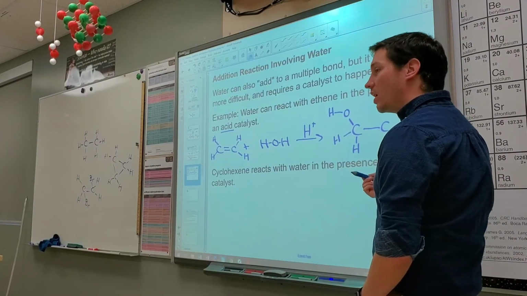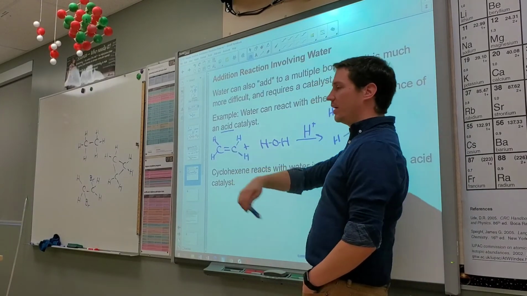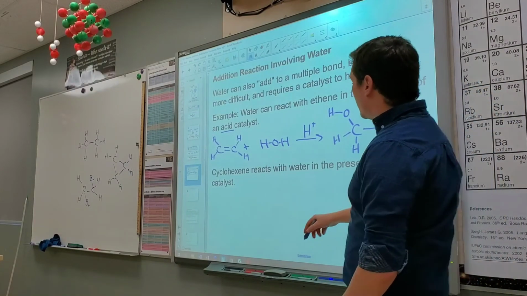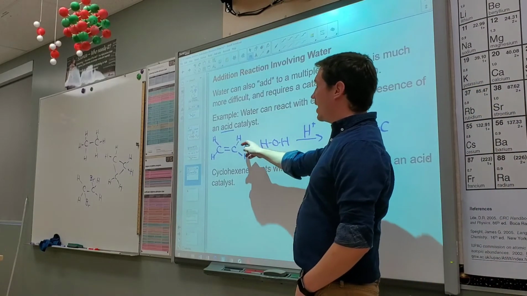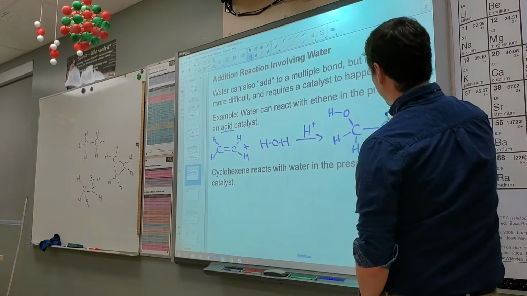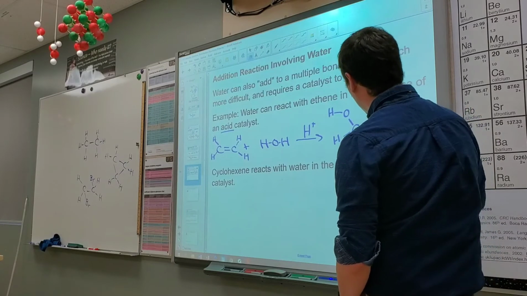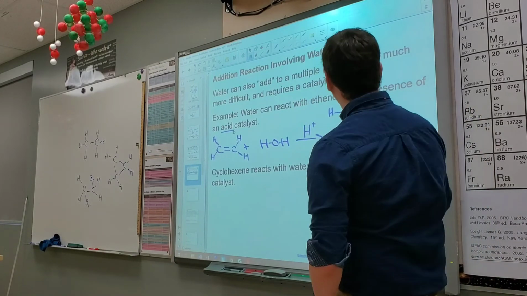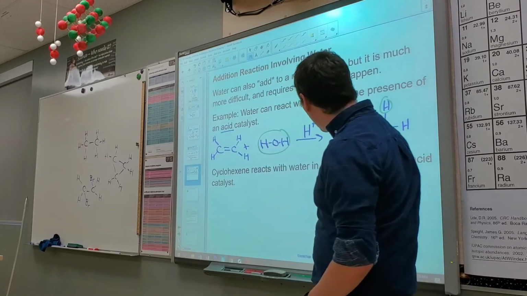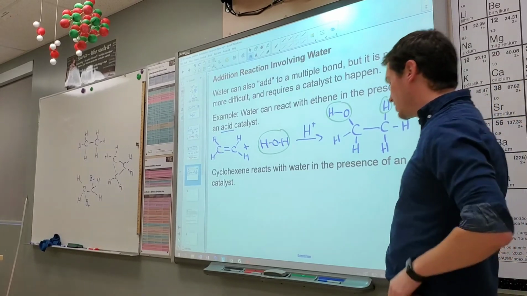When we add things across the double bond, we break the double bond and we're left with a single bond. Now, if the OH added to the first carbon, what's going to add to the second carbon? Just an H. So this H and this OH are from the water, right? So we're still splitting it up and adding it across.